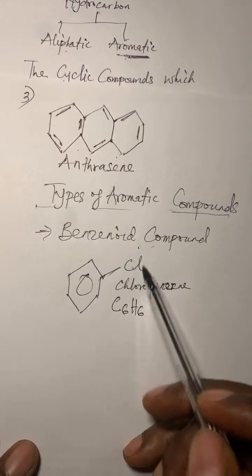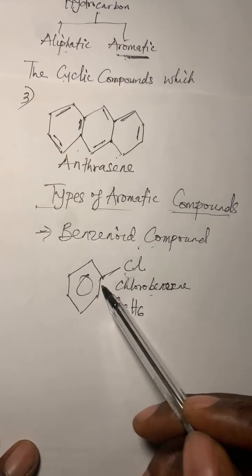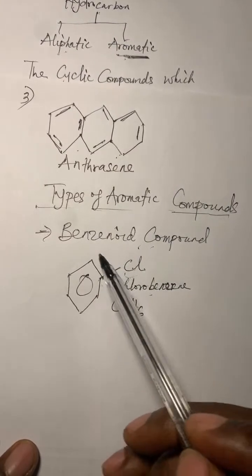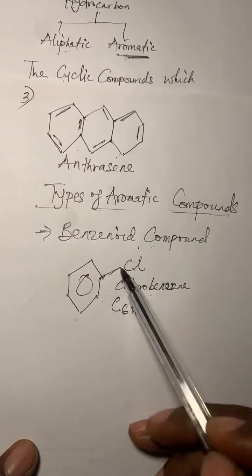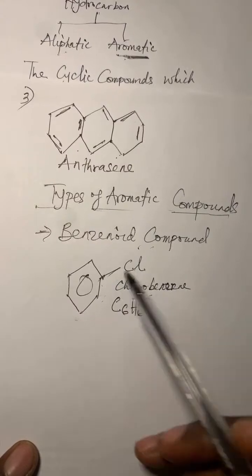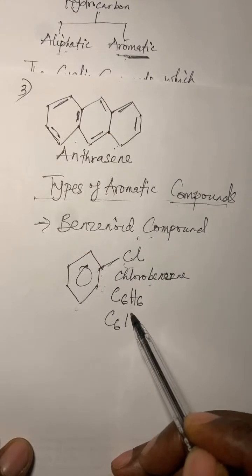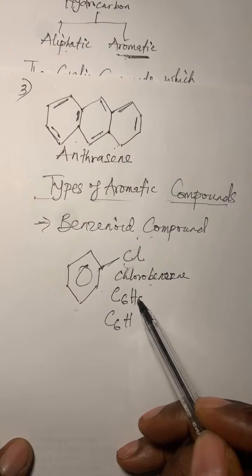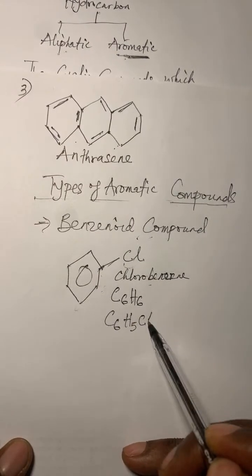The first diagram I drew was CH, CH, CH, CH, CH, CH. Since the chlorine is replacing one of the hydrogen atoms, the hydrogen count reduces to 5, so you have C6H5Cl.